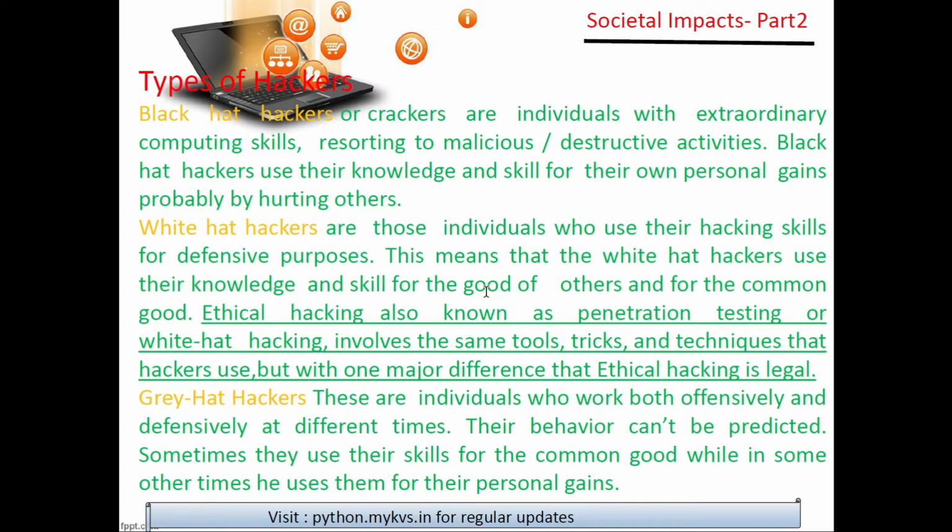Sometimes they are working for the good of society, sometimes they are causing harm to society. They are very dangerous, because it is quite unpredictable what they are going to do. Okay, so these are the different types of hackers, which are available in the cyber world and functioning in their own way. All right.